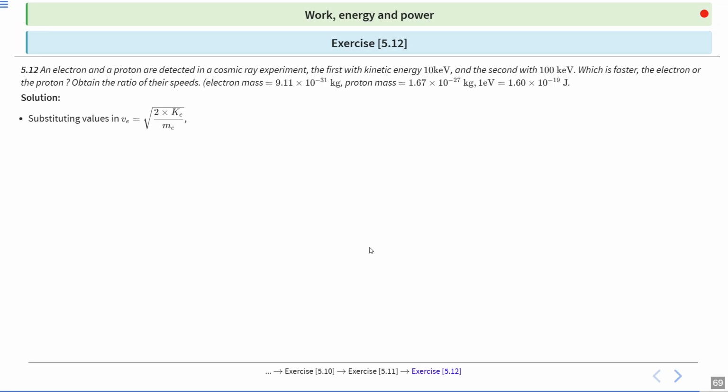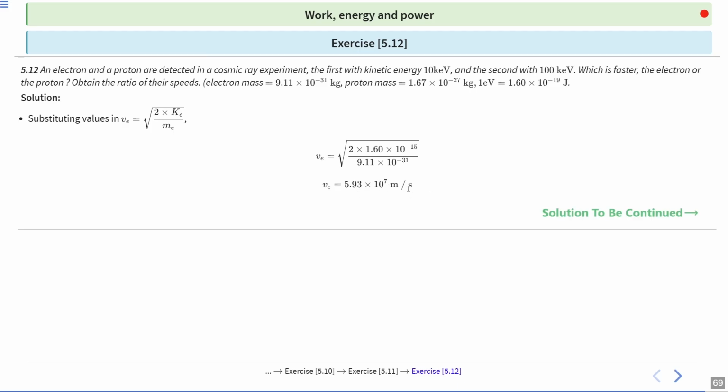Put the values of given terms in this relation. You will get Ve is equal to under root 2 into 1.60 into 10 raised to the power minus 15 divided by 9.11 into 10 raised to the power minus 31. So solving this, you will get Ve is equal to 5.93 into 10 raised to the power 7 meter per second. So this is the speed of the electron.